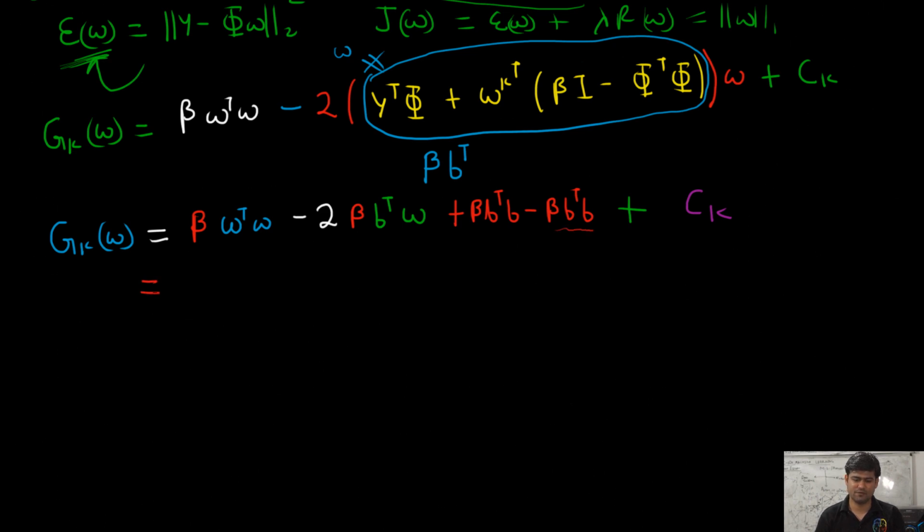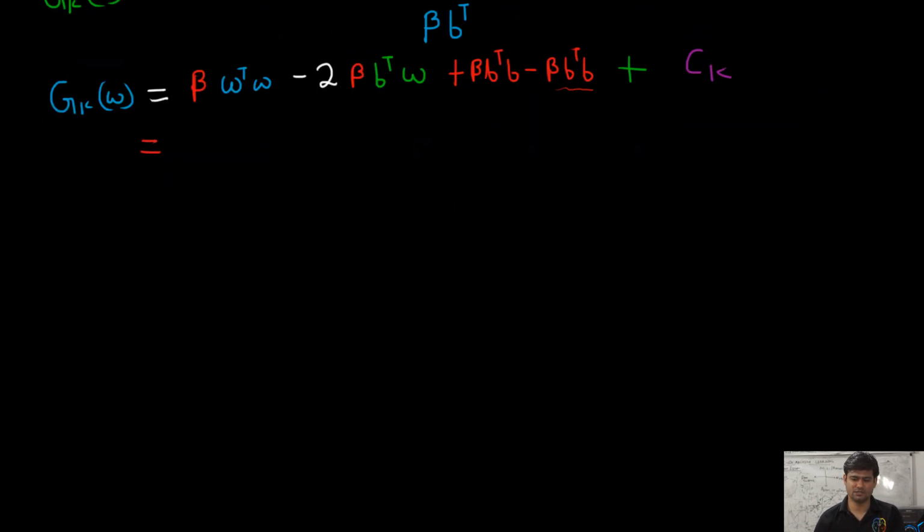So effectively, we can simplify this function g_k that we use in the majorization minimization as simply beta times (w transpose w minus twice of b transpose w plus b transpose b), minus, everything is constant over here now, beta times b transpose b plus c_k.